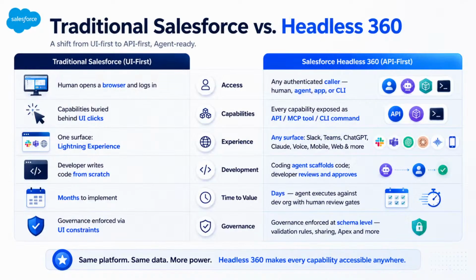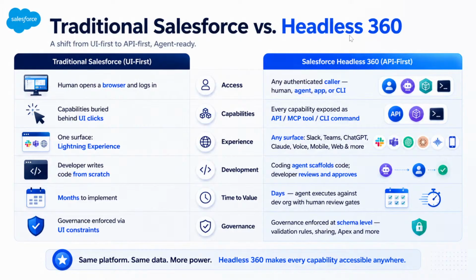Okay, so let's understand what is then changing. We said what Headless 360 is not. Now let's try to understand what is changing. Before we talk about what exactly Headless 360 is bringing to the table, let's do a little bit of comparison between the traditional Salesforce and the Headless 360 platform.